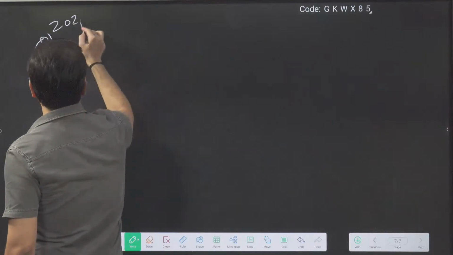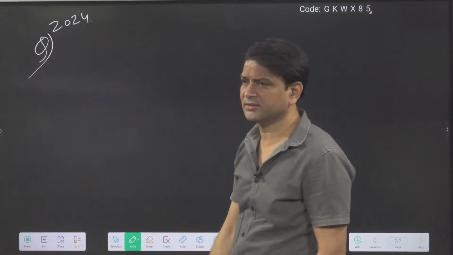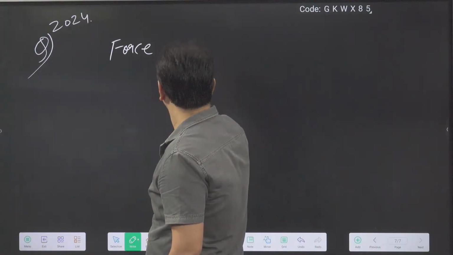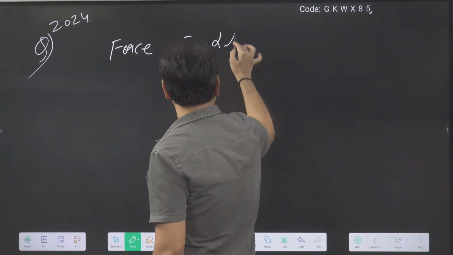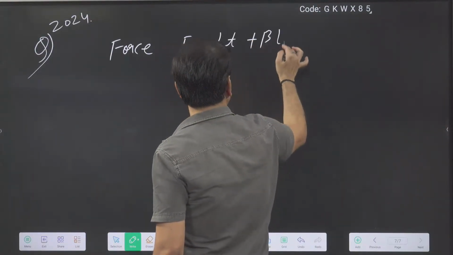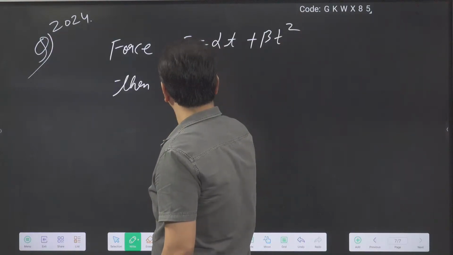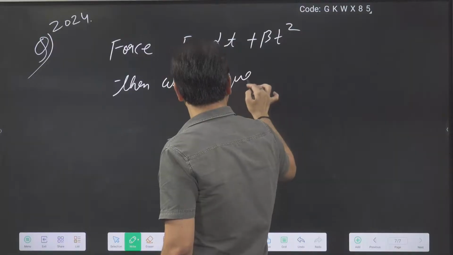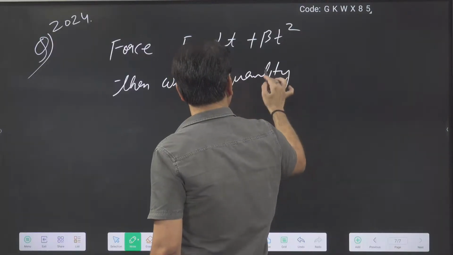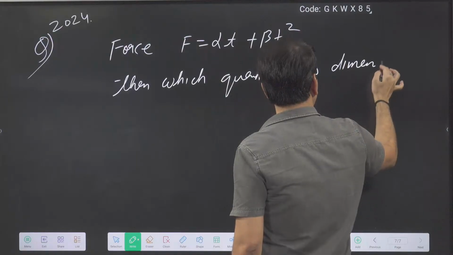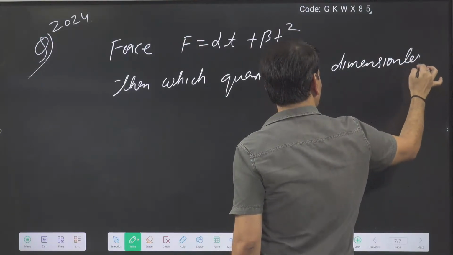In 2024 NEET, they asked this question: force F is equal to alpha T plus beta T square, then which quantity is dimensionless?